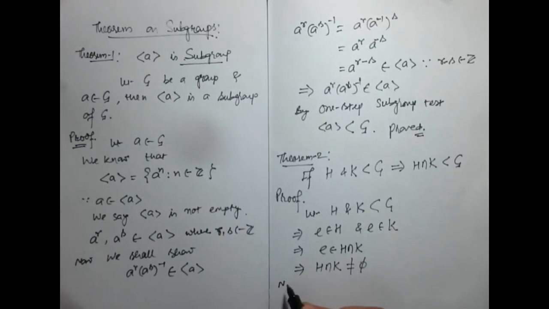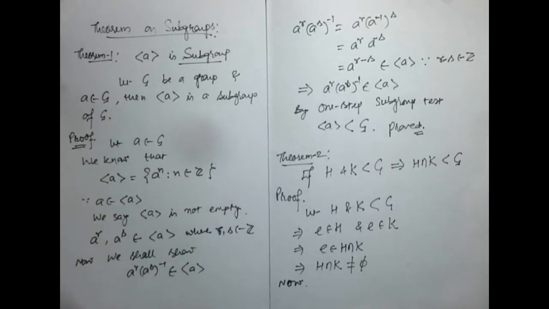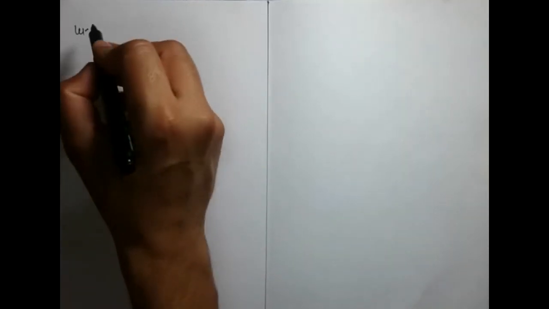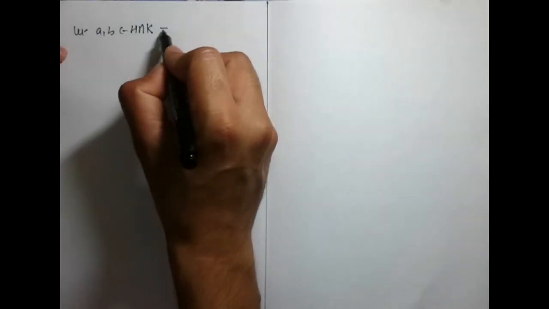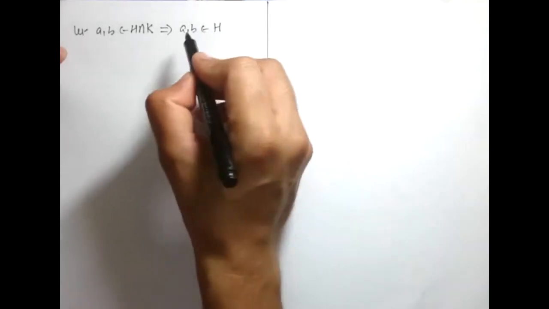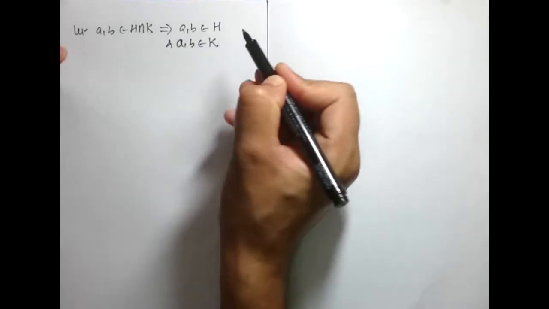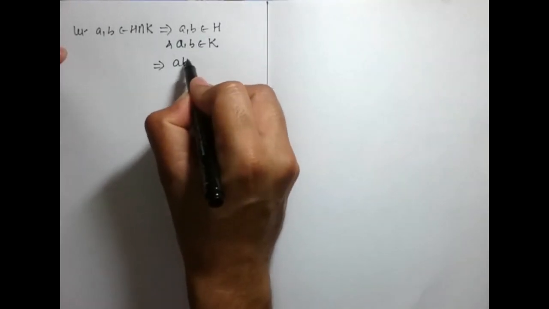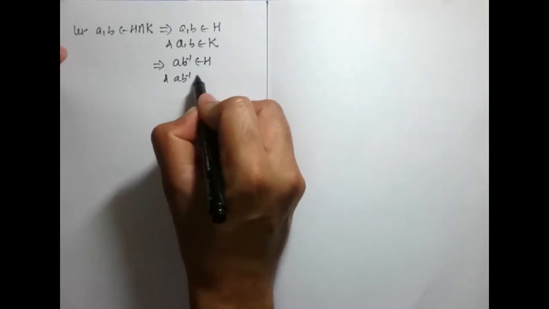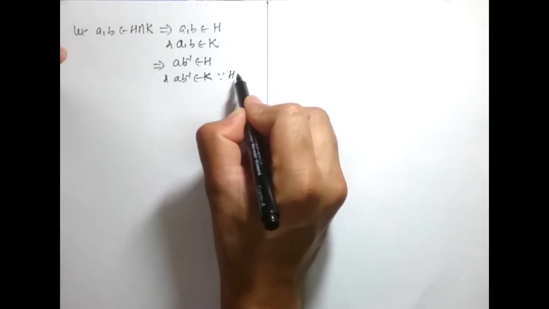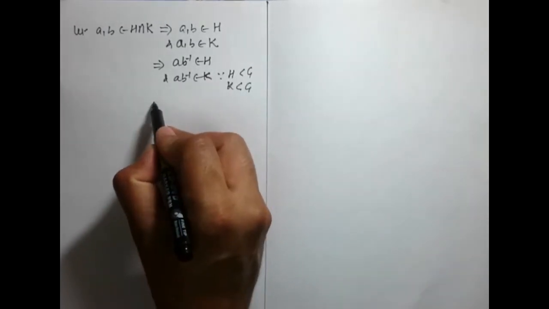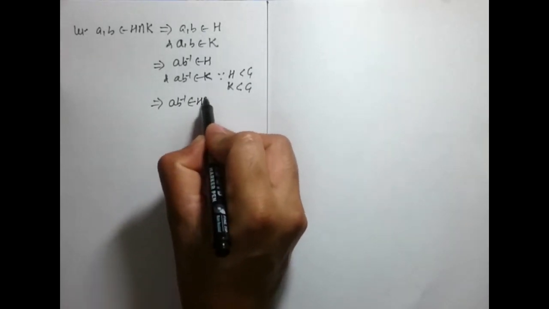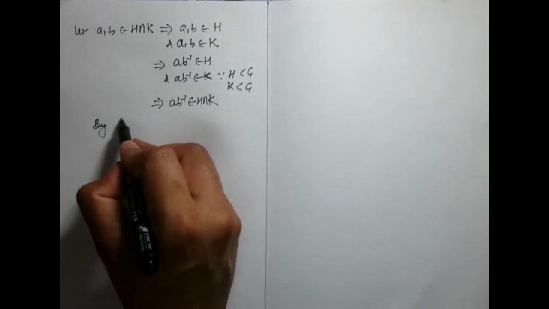Now अब हम एक वन स्टेप टेस्ट लगाएंगे इसमें और शो करेंगे H intersection K सब ग्रुप होगा। Let a, b belongs to H intersection K. It implies a, b belongs to H and a, b belongs to K. It implies ab^-1 belongs to H and ab^-1 belongs to K, since H and K are subgroups of G. तो ab^-1 भी H में आ रहा है और ab^-1 K में आ रहा है, so it implies ab^-1 belongs to H intersection K by one step subgroup test.